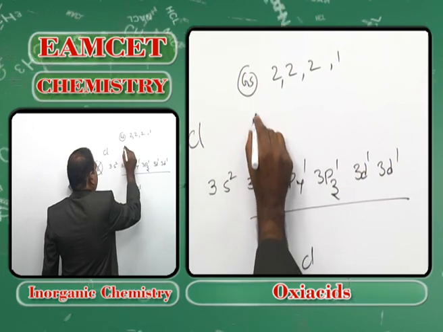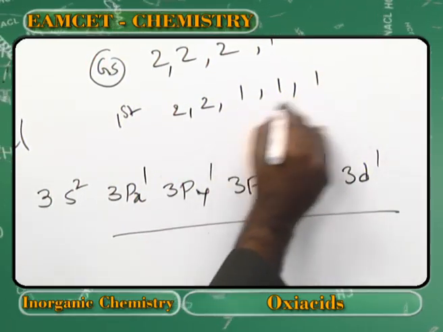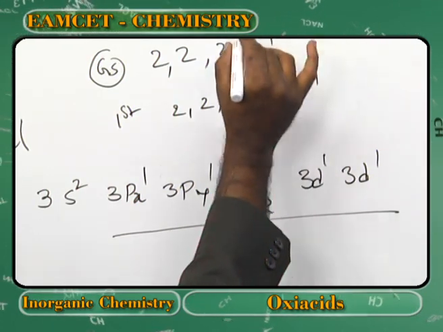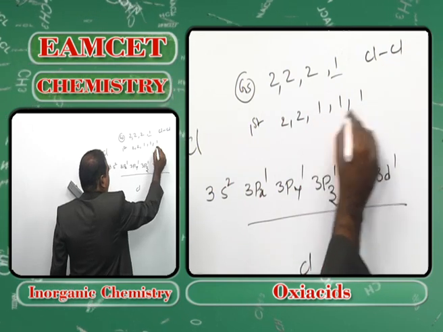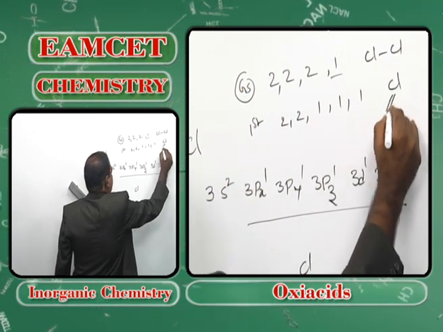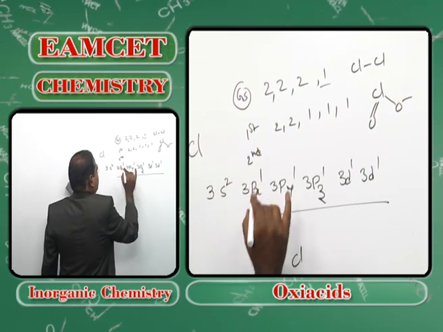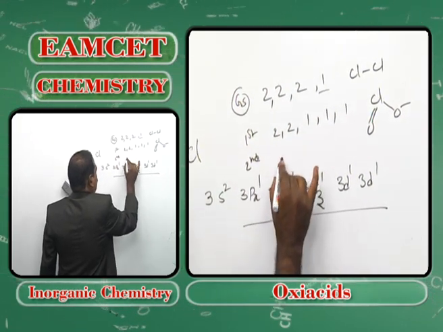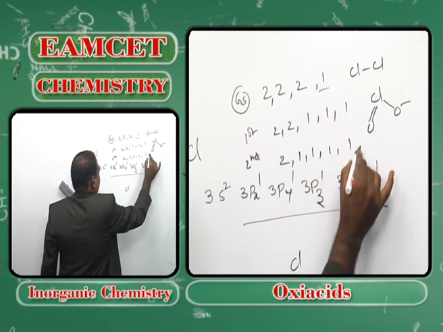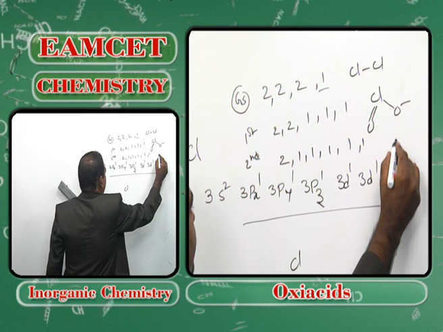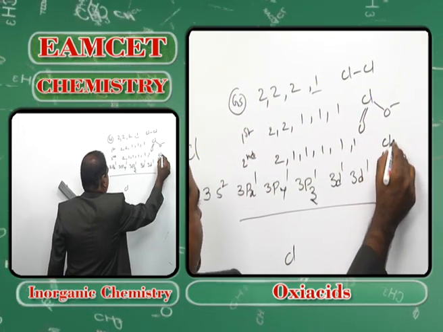First excited state, 2, 2, 1, 1, 1. 3 unpaired, 1 unpaired electron, 1 bond, as in the case of Cl. 3 unpaired electrons, 3 bonds, as in the case of ClO2 minus. Second excited state, it will be 2, 1, 1, 1, 1. 5 unpaired electrons, 5 bonds, as in ClO3 minus.